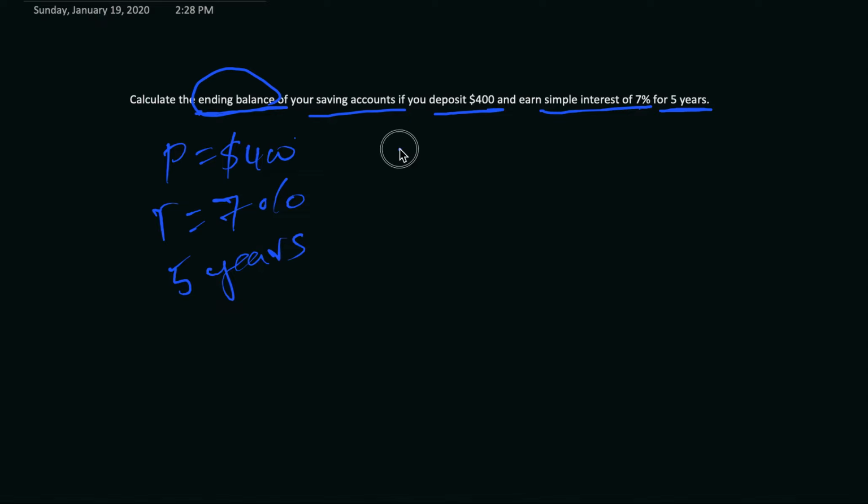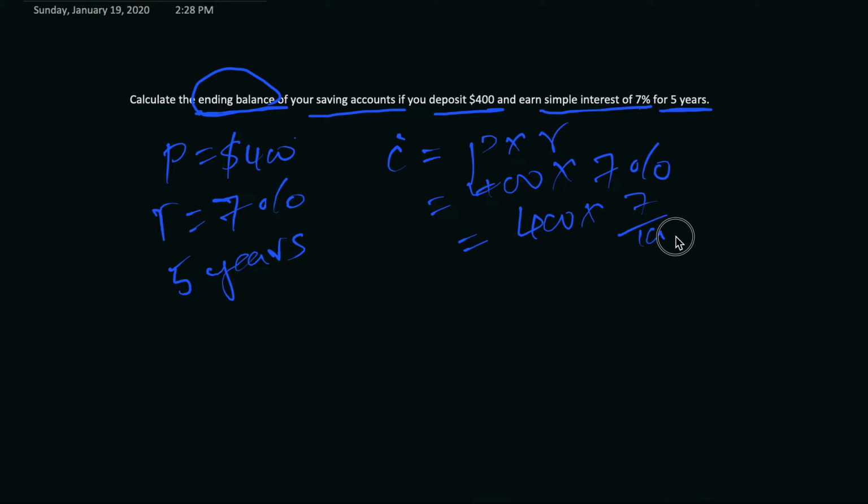So again, if we want to calculate what our total interest for 5 years is, we'll do P times R. P is $400 times 7%. So this is nothing but 400 times 7 over 100. And we get $28. So the interest after 1 year that we can expect is $28. But remember, this is for 5 years.